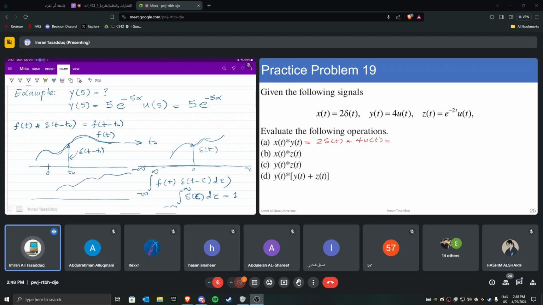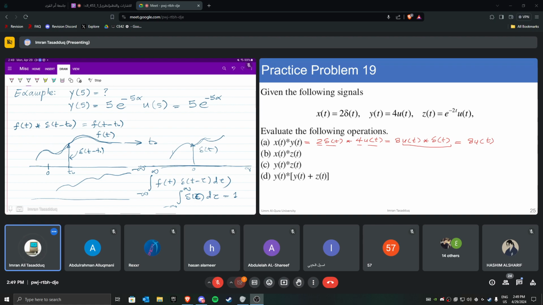This 2 and this 4 are constants, so I can multiply them, so it becomes 8. And then delta t and u of t, so it's going to be u of t convolution with delta t. And we know that if you convolve a signal with delta t, you get back the same signal.